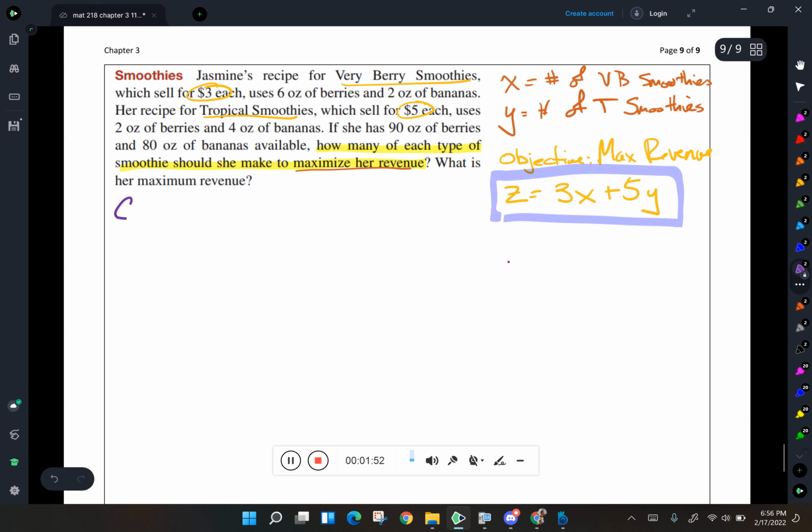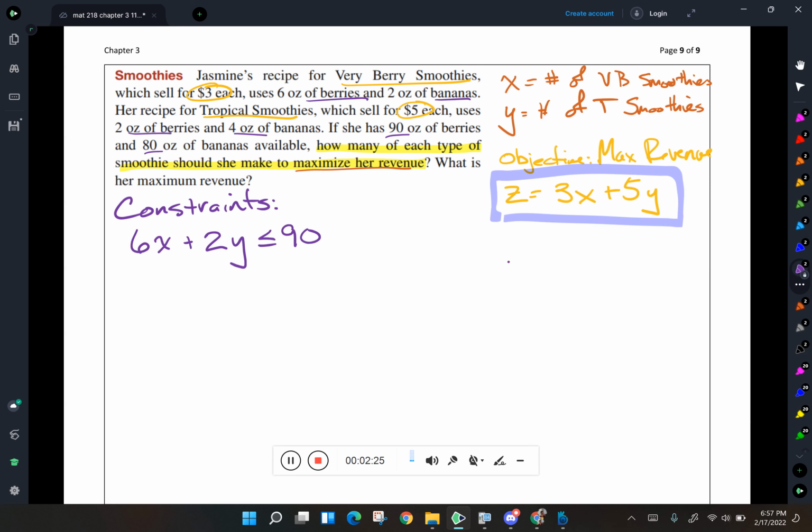I also need to figure out my constraints. The only constraints I read in here were the berries and the bananas that she has to use. A very berry smoothie uses 6 ounces of berries, so 6 times the number of very berry smoothies, plus 2 ounces times the number of tropical, and I cannot exceed 90 because that's all I have on hand.